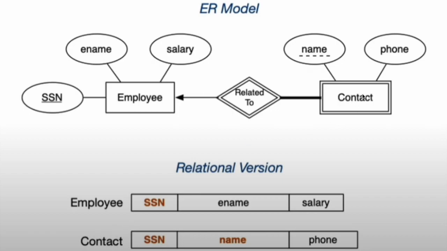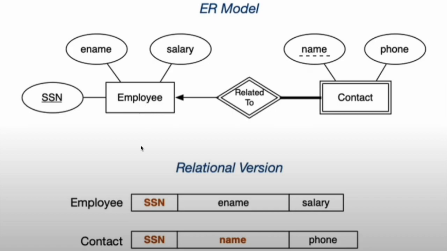You have the contact relation with the name and phone attributes, but you also include the SSN, which is the primary key of the strongly associated entity, and the name discriminator. By coloring both of them, you're indicating that both combined are the primary key of the contact entity, which is known as a composite key. This shows that weak entities can't exist without reference to their strongly associated entity.